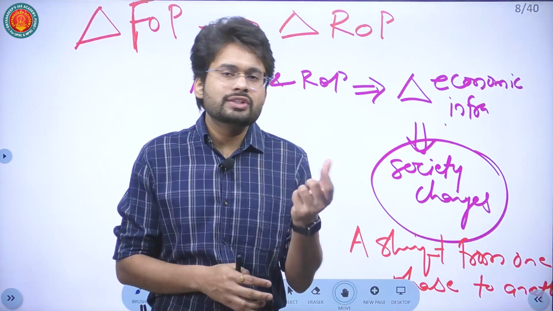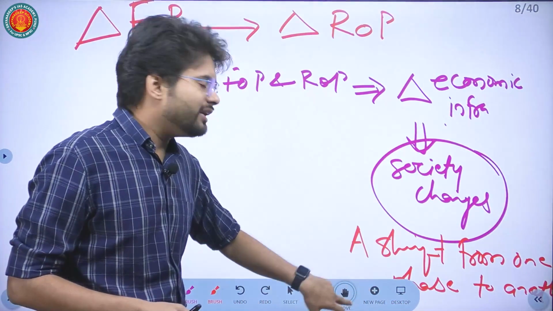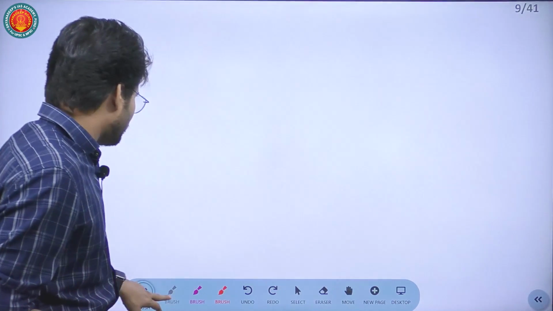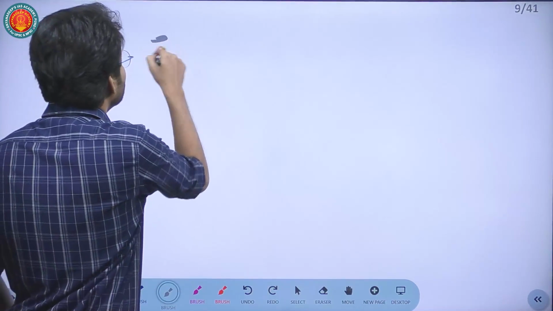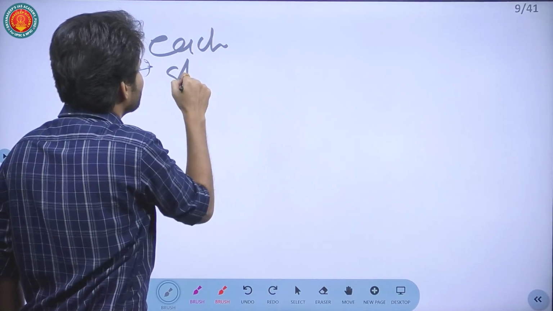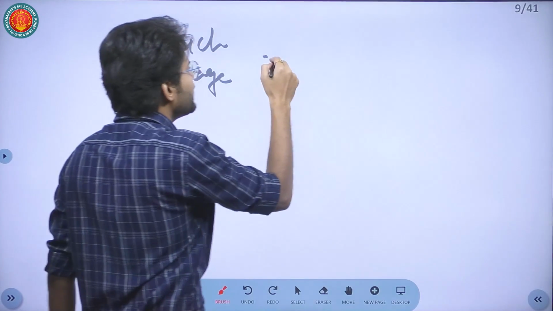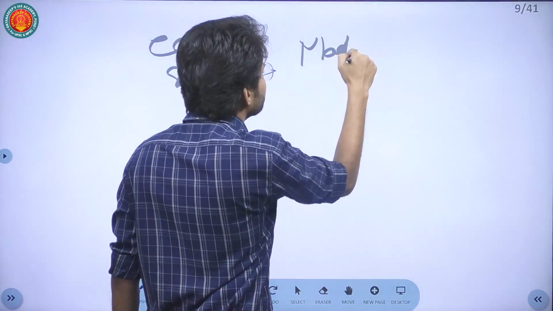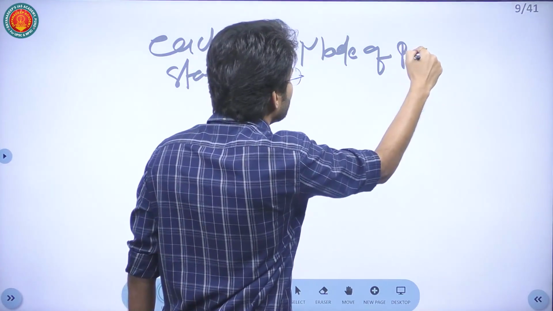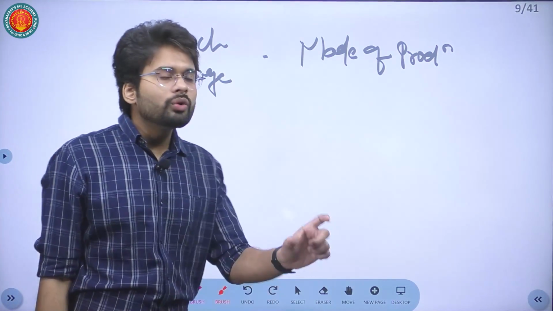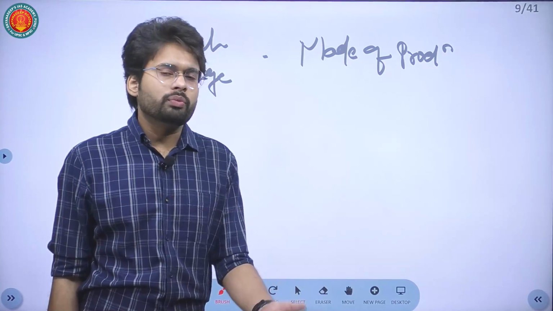And each stage in that Marx's idea of historical materialism is called the mode of production. Each stage in that progression of society is called the mode of production. A mode of production.